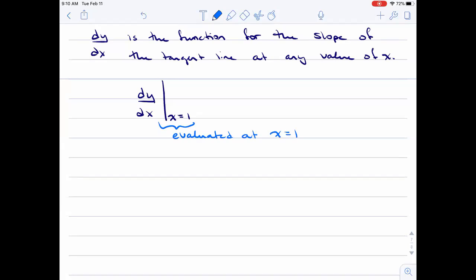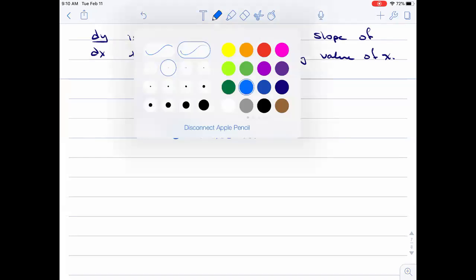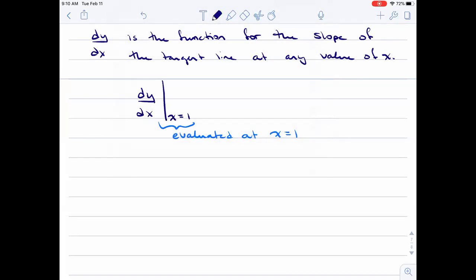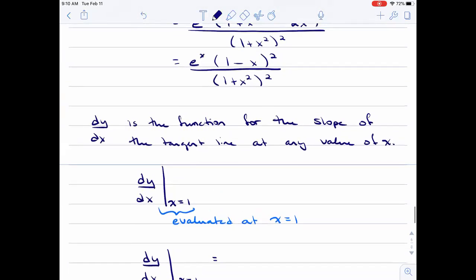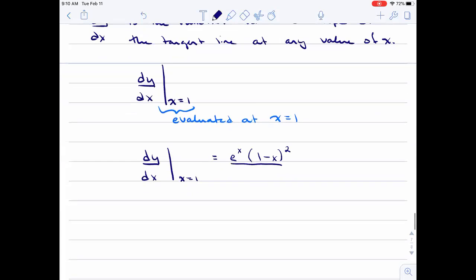Because you'll see that, so we want to get used to seeing it. So then in our case, dy dx evaluated at x equals 1, well, dy dx is e to the x, let me just steal it from up here, times 1 minus x squared over 1 plus x squared all squared.